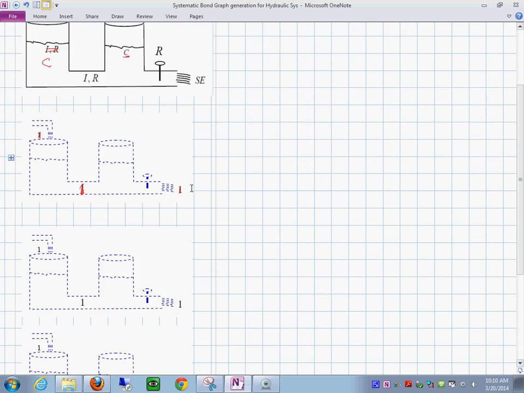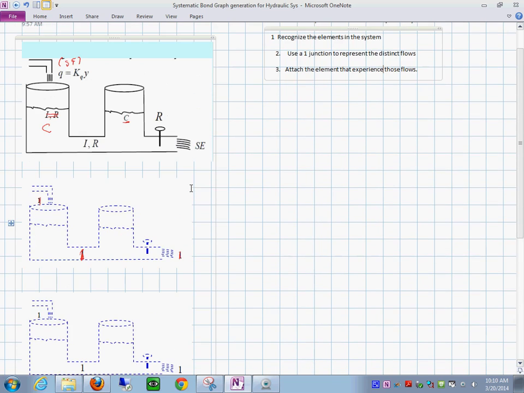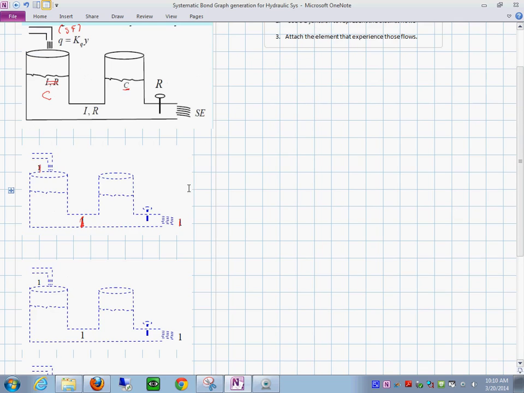The next thing we do is to attach the elements in here. This, of course, we have the R element in here. This is the atmospheric pressure here if it is opened like this.